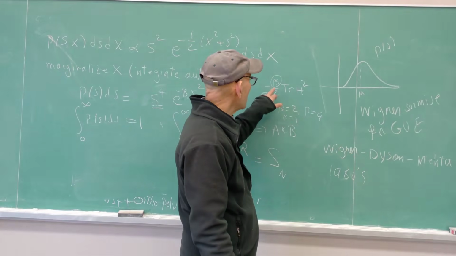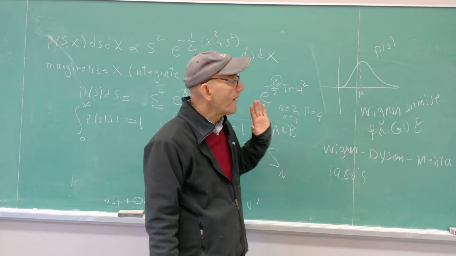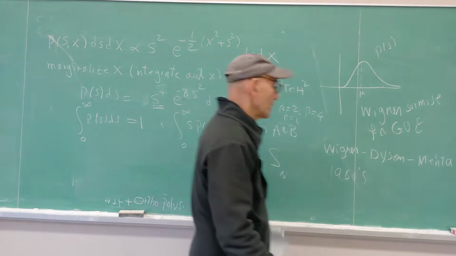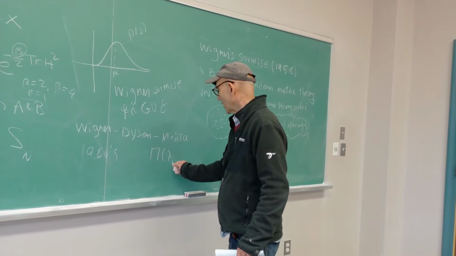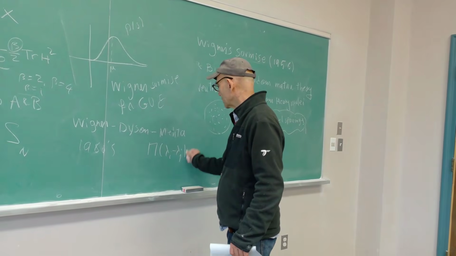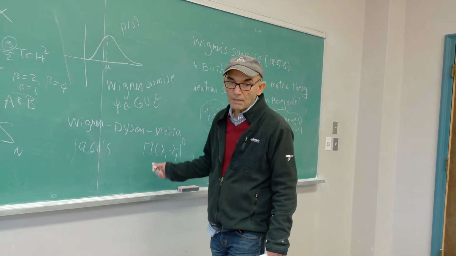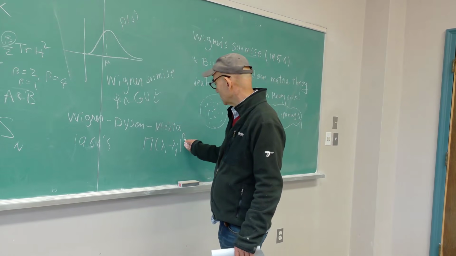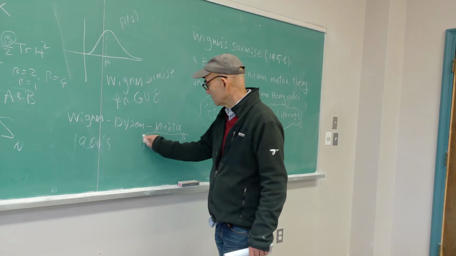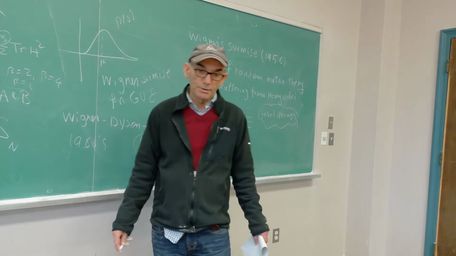But beta does not have to be an integer. Because in the formula that we have, you can just write the product of lambda_i minus lambda_j to the power beta. And the Weyl integration formula works in this case, and so people actually work with these things called beta ensembles.